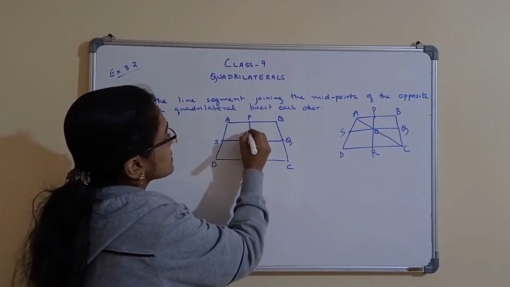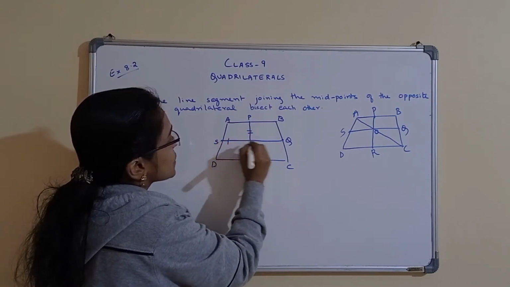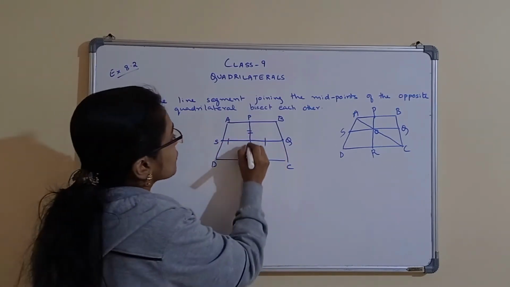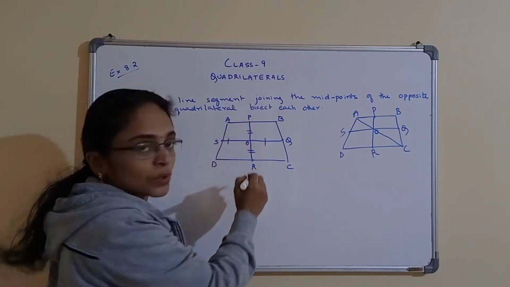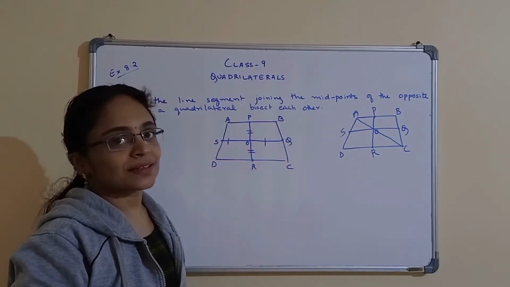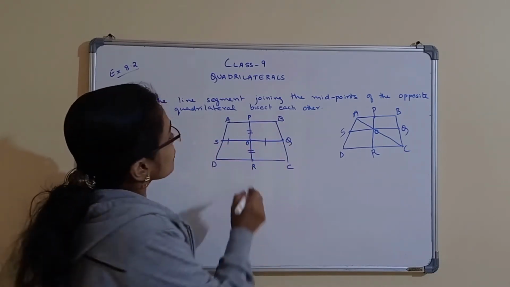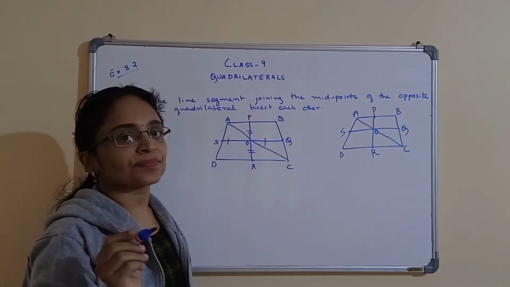Bisect each other means this will be equal to this and this will be equal to this. So if O is taken as the center, OP will be equal to OR and OQ will be equal to OS. Now we are going to draw a diagonal AC.